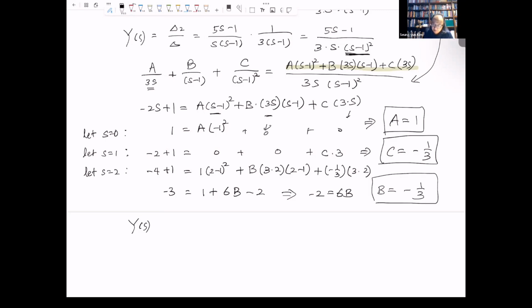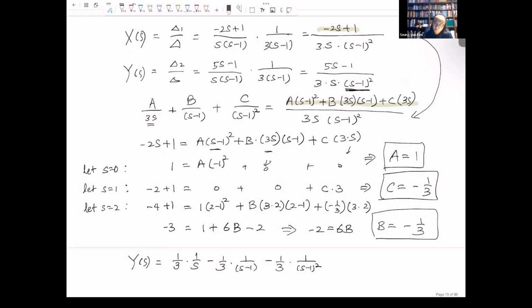X of s equals A, 1 over 3 times 1 over s, plus B, minus 1 over 3 times 1 over s minus 1, plus C, minus 1 over 3 times 1 over (s minus 1) squared. So we are working on x, not y.